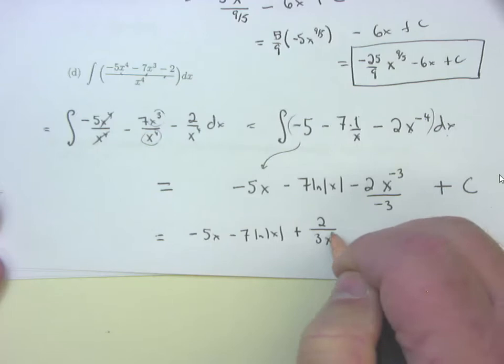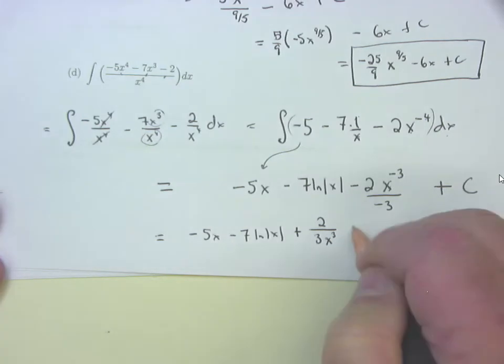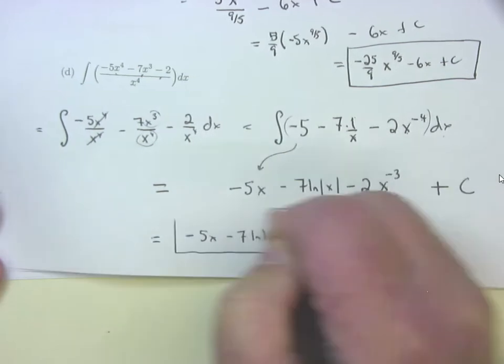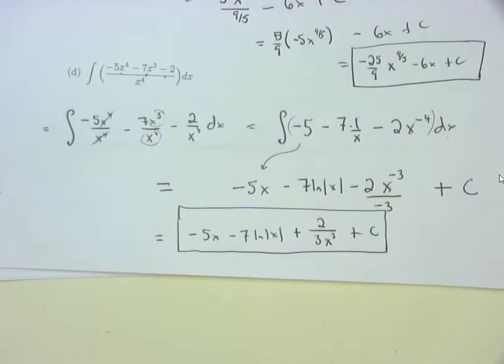So that's 2 divided by 3x cubed, and then your plus c, and there is my solution. Does that make sense? Clean it up first. You only have six rules, so you're going to have to turn any problem we get into one of these 6 rules, and that means a lot of algebra.